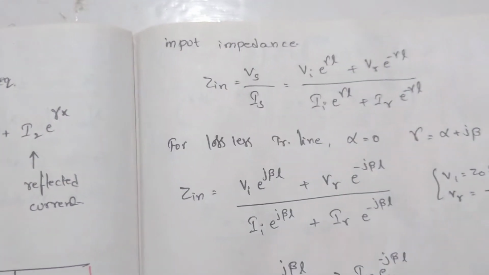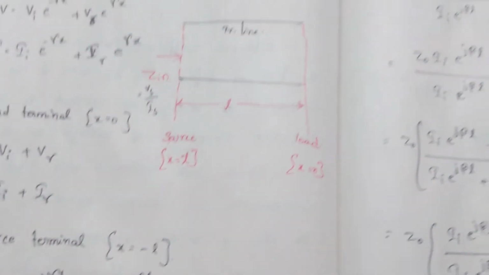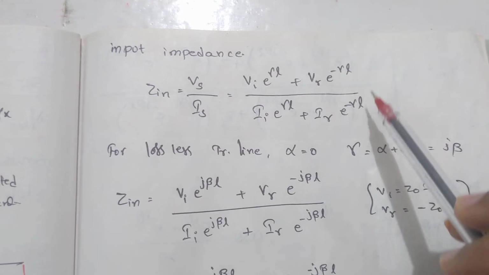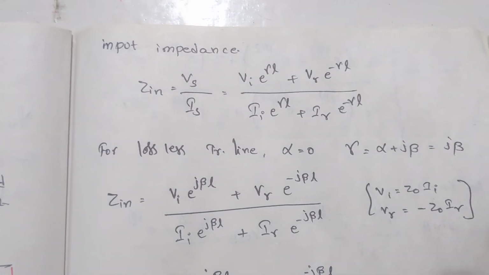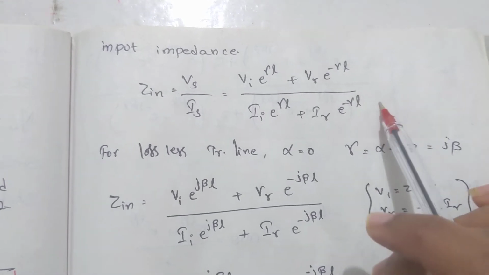Now the input impedance Zin equals Vs divided by Is. Already we have the equations for your Vs and Is, so replace those equations. From these equations, if you find the solution, you can get the input impedance of a normal transmission line.